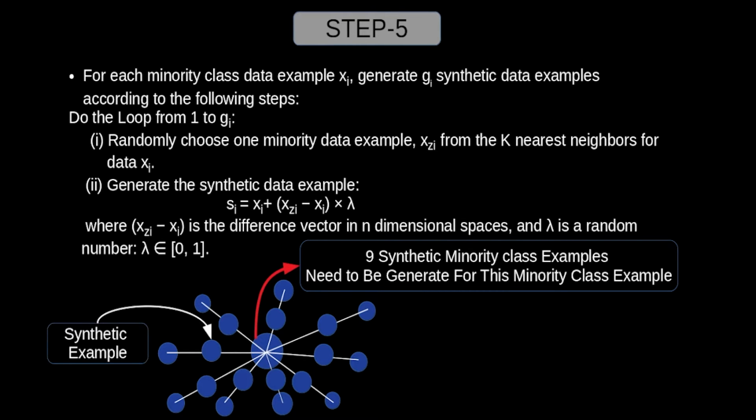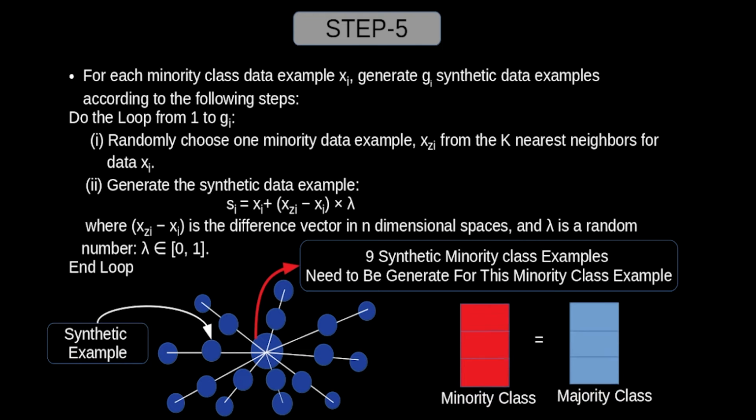We generate synthetic minority class examples until the total number of minority class examples equals the total number of majority class examples. This is the process that we perform for the ith minority class example. This is how ADASYN works. ADASYN performs oversampling using these steps.